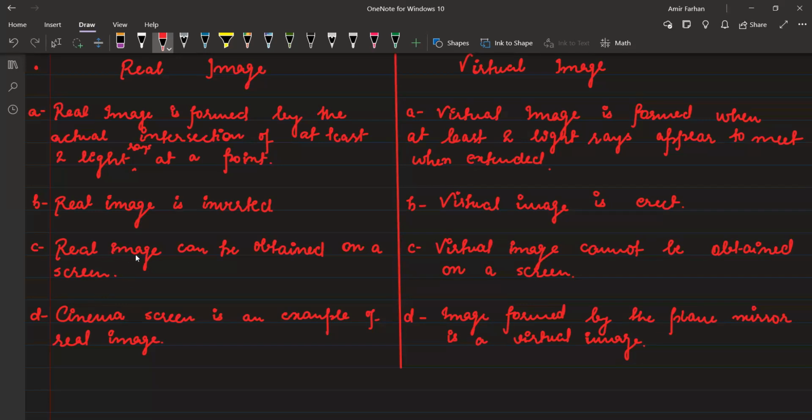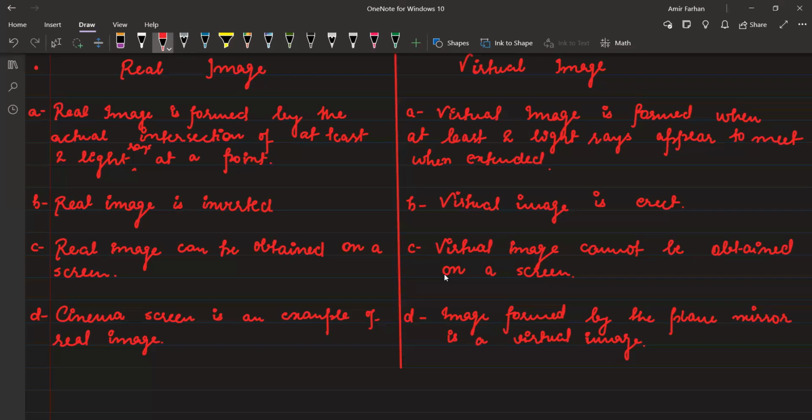And a virtual image, you can consider, is nothing but an illusion. They cannot be obtained on the screen. It means, like, suppose you are thinking in your mind that this will happen, it's a kind of imagination going on in your mind, yes or no? Yes, sir. Will you be able to obtain that thing on the screen?